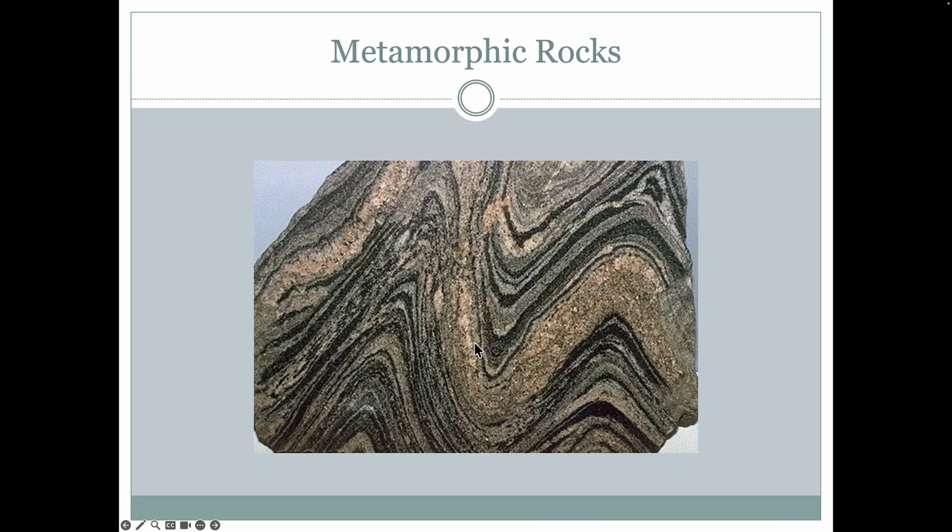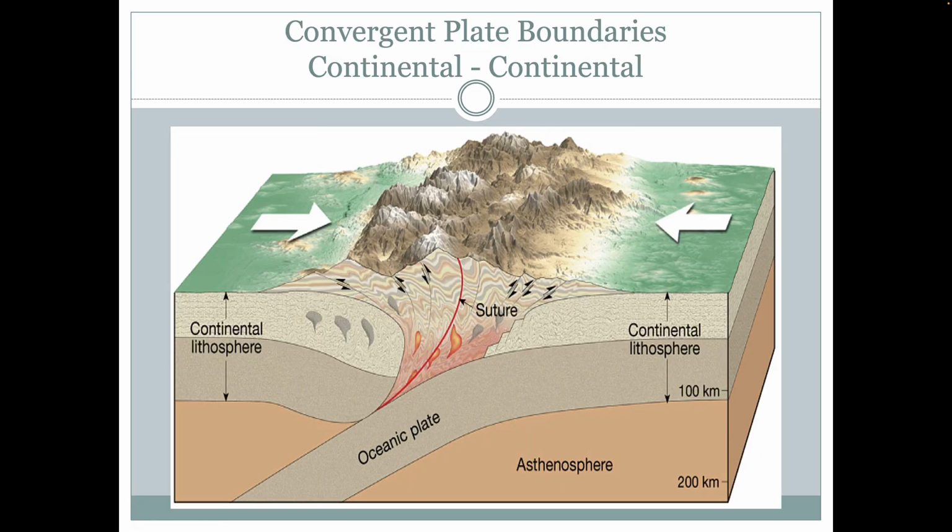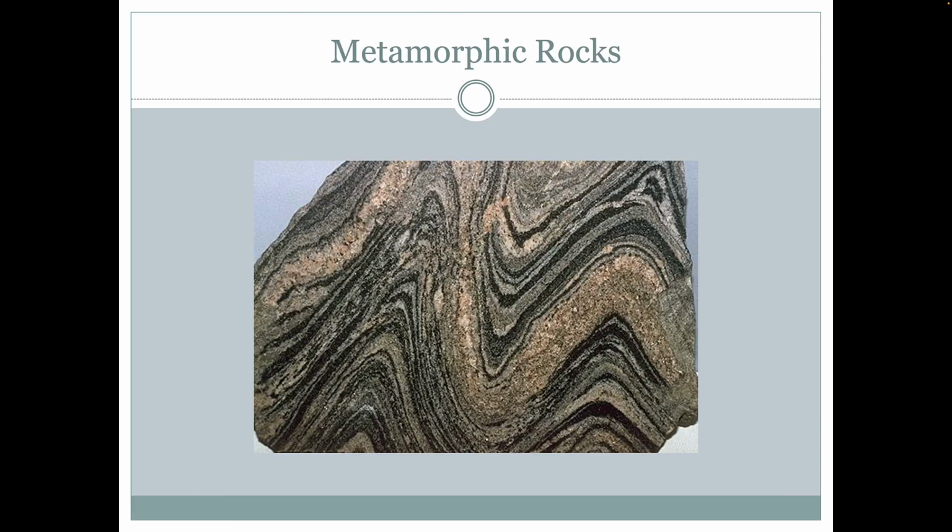Just a bit about rocks. We're not going to talk a lot about rocks in this class, but I did want to introduce a couple. Let's talk about a couple of metamorphic rocks, because metamorphic rocks occur in this area here. One place they can occur is in an area like here, where the pressure is just so high that rocks are actually recrystallized. And this is an example of a rock called gneiss, which is spelled G-N-E-I-S-S, two S's at the end.